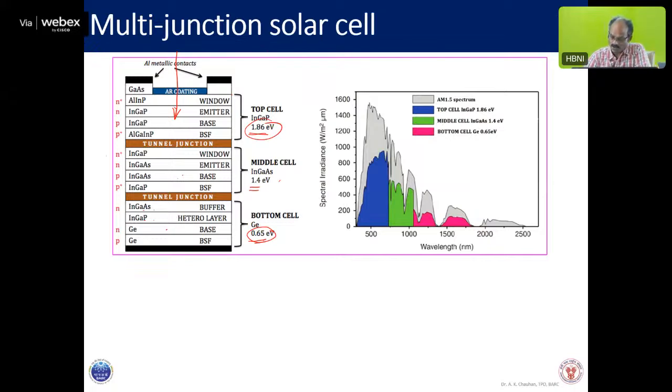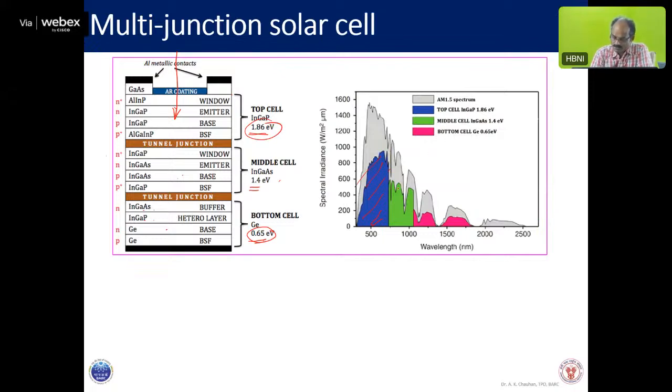So if we see here, suppose this is our total solar spectrum. The top cell, which is based on indium gallium phosphide, will absorb this much part of the spectrum. The remaining part will be transmitted through this solar cell.